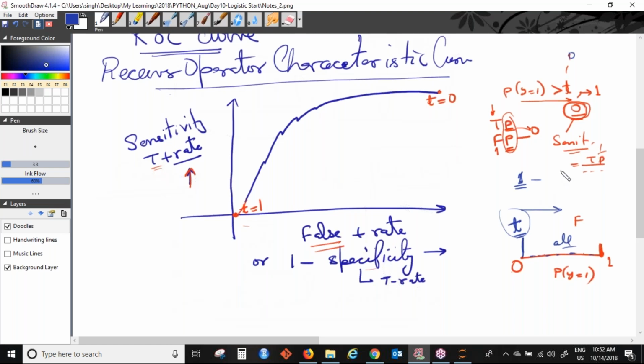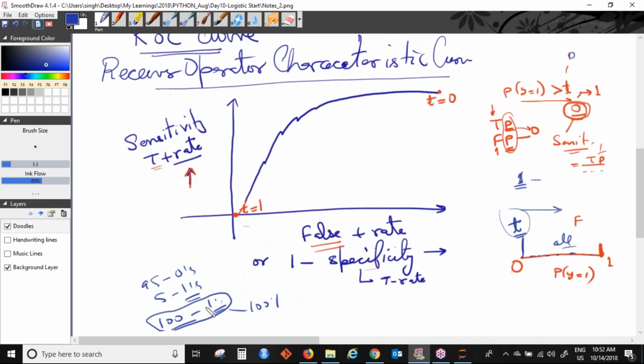So how many cancer patients will you catch? How many actual cancer patients will you catch if you are saying everybody has cancer? Tell me. Let's say if you have 95 zeros and 5 ones, 5 cancer patients you have, 95 do not have cancer, and you are saying all 100 have cancer. So how many actual cancer patients will you catch as a proportion? It will be 100%. You will catch all 5 of them.